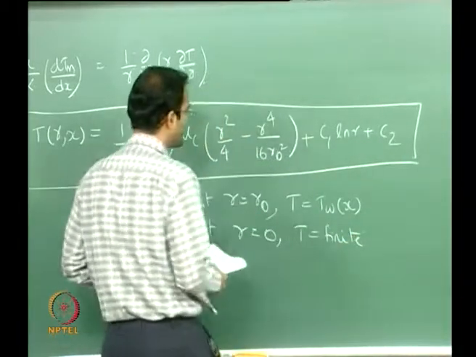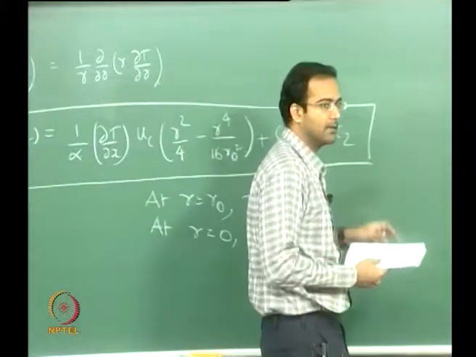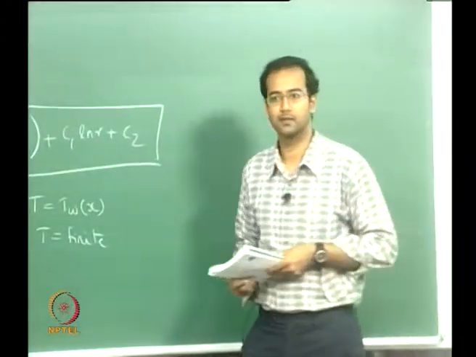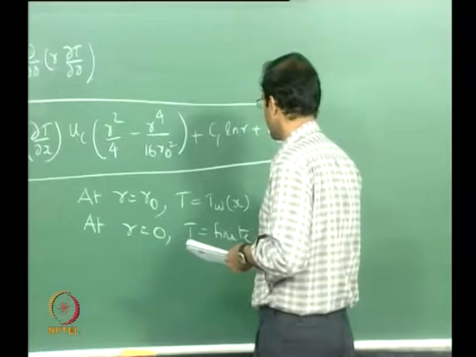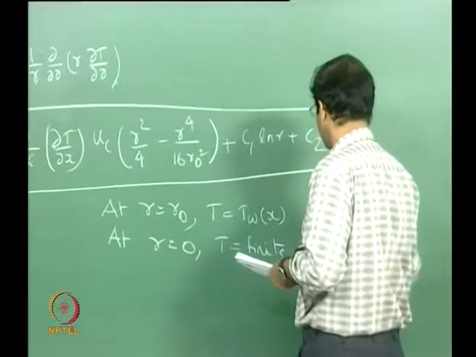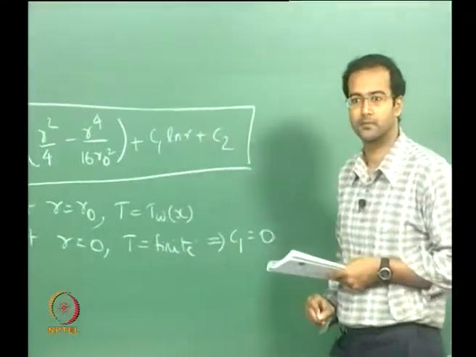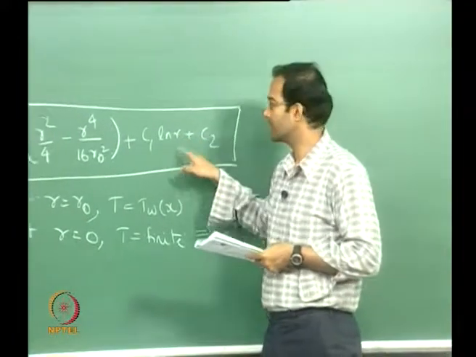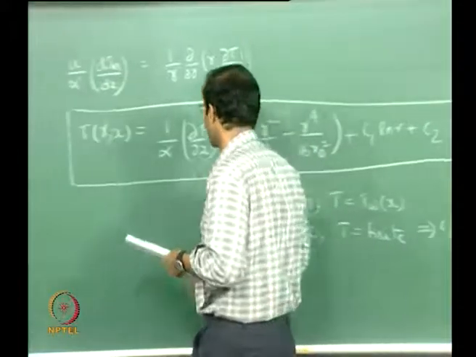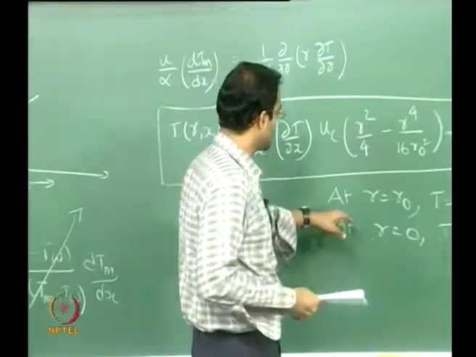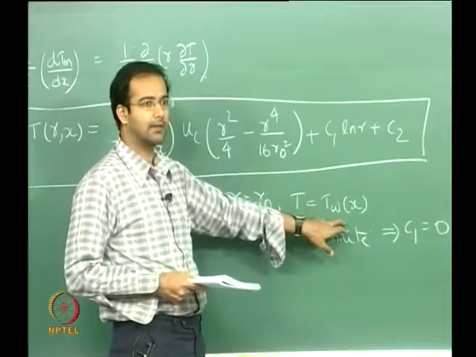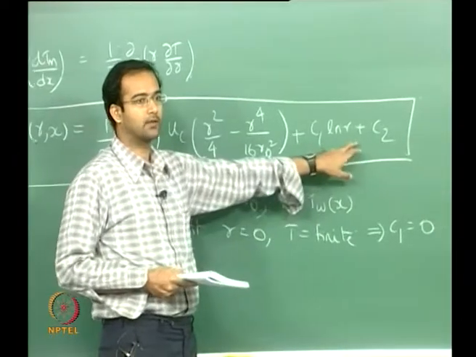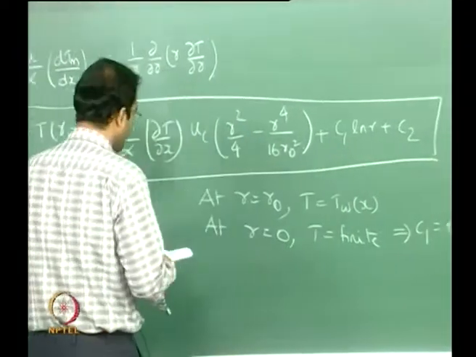Now if you look at this directly, similar to the velocity profile, for a finite temperature at the center, your C1 should directly be 0 because this term otherwise goes to infinity. So we directly eliminated C1, so we can use the other boundary condition, r equal to r naught, T is equal to T wall, to calculate the second constant C2.